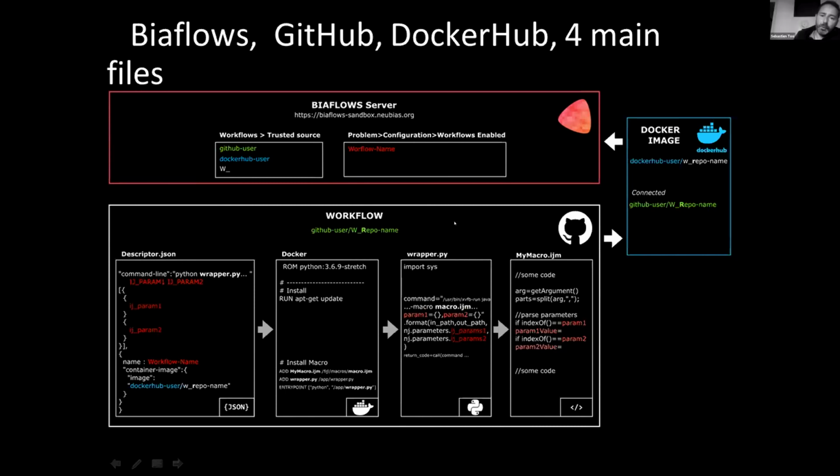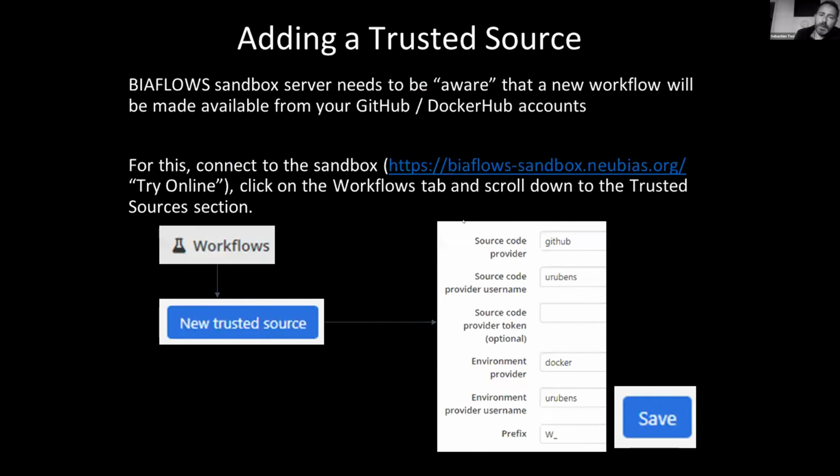The first thing we're going to do, and it's quite simple, is to add your GitHub and Docker Hub as a trusted source. This is on this slide. Do you all have the slides also, so that you can have them as reference on your local machine while I switch to doing it myself, so that you can see the steps?